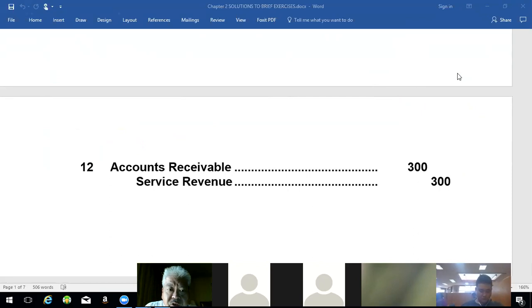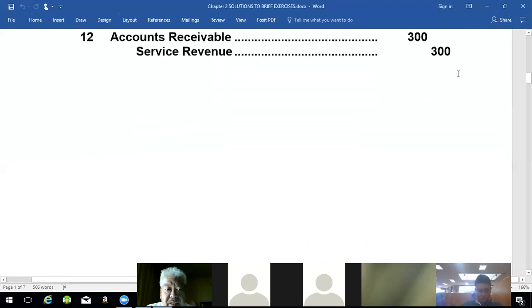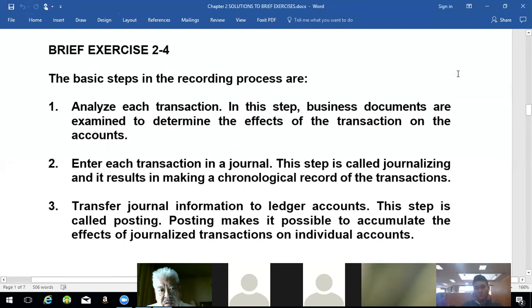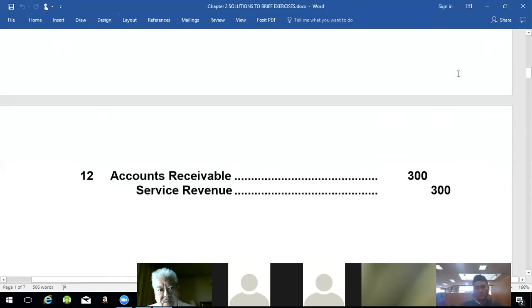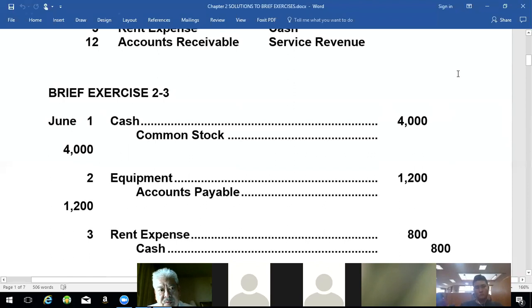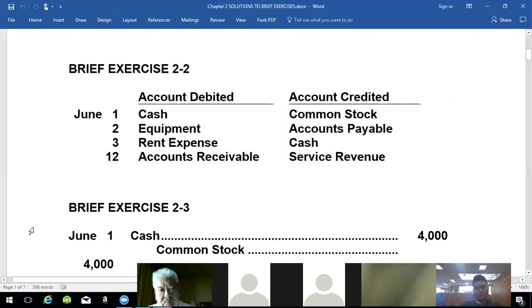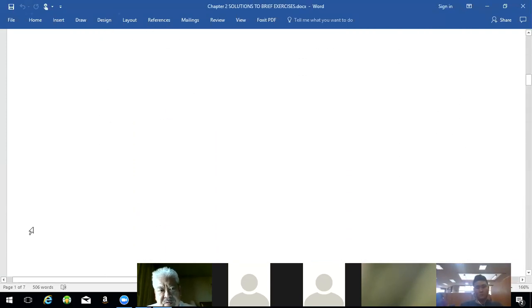So we have an account receivable. The account receivable is an asset. It increased. So we debit accounts receivable 300, and we credit service revenue, which also increased, for 300. So that was 2 and 3 combined.